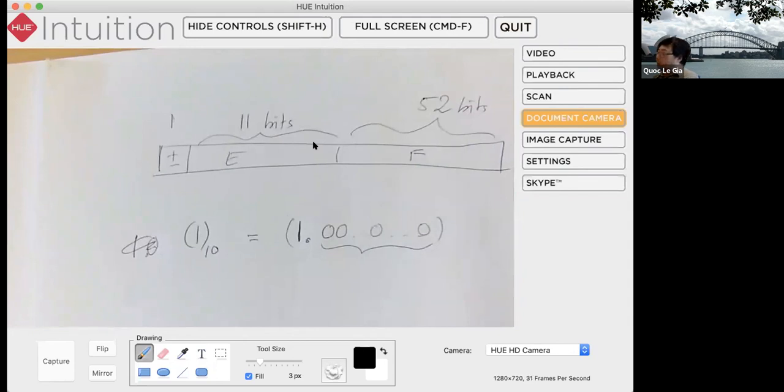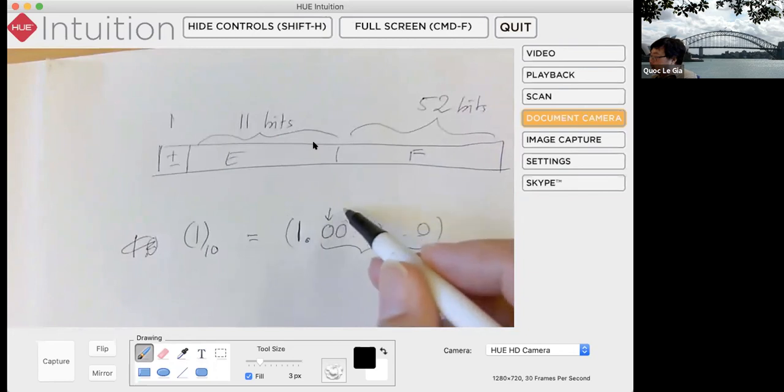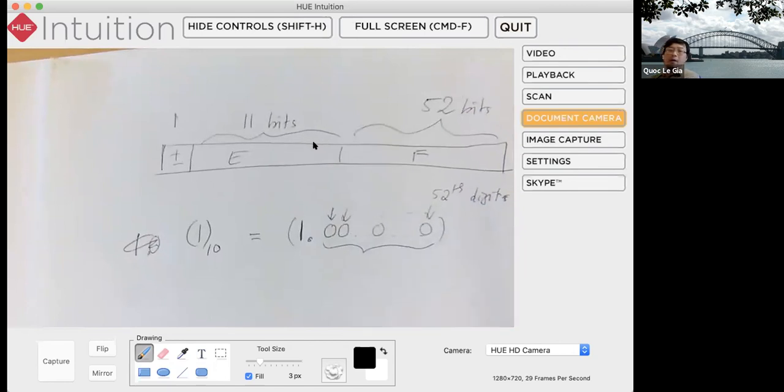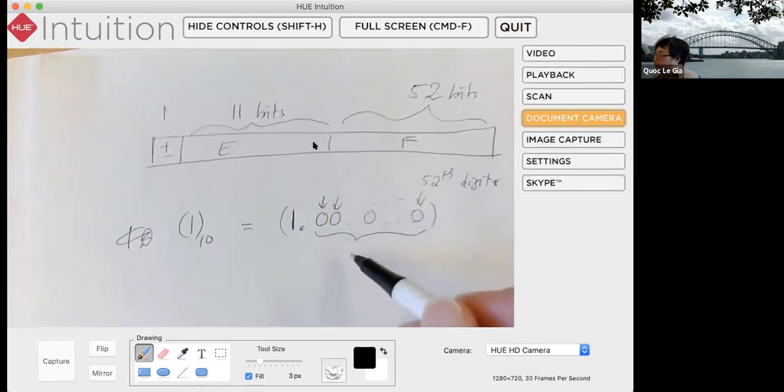So this will be the first digit, the second digit, up to the 52nd digit. And remember, this is just the significand part.